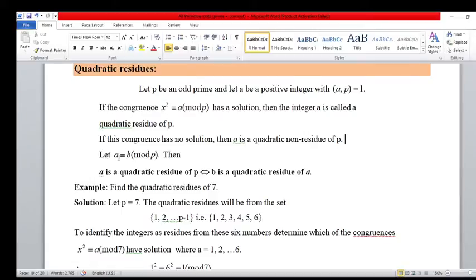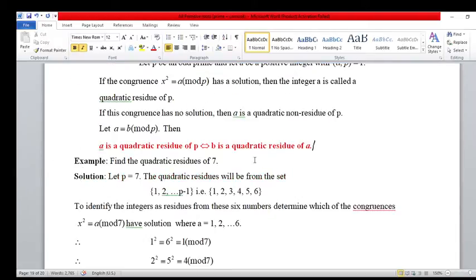Let a be congruent to b mod p, then if a is a quadratic residue of p, b is also a quadratic residue of p. This is the important line, so it is underlined and colored here.